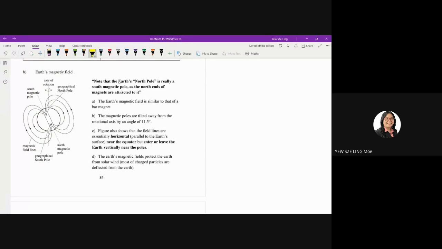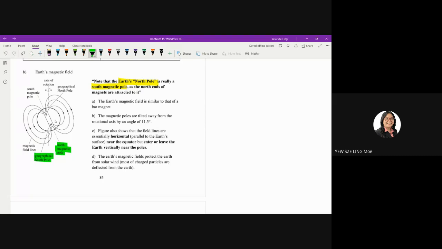Okay, Earth North Pole is acting as a south magnetic pole, whereas when you look at the Earth South Pole, geographical South Pole, it is acting as a north magnetic pole. So what does it mean?